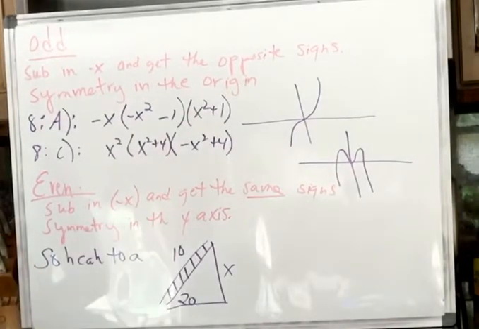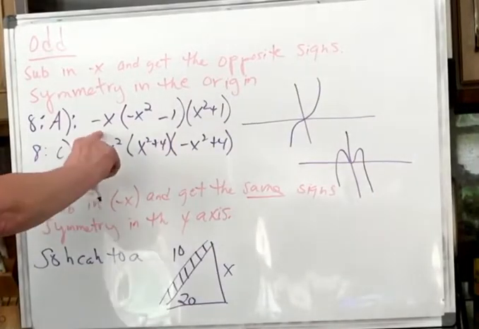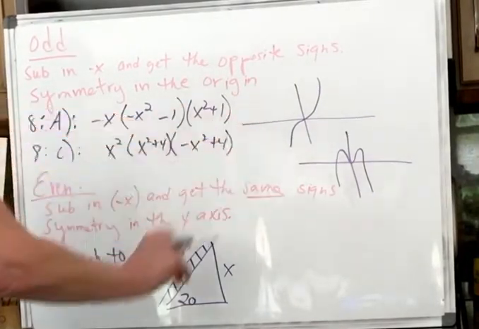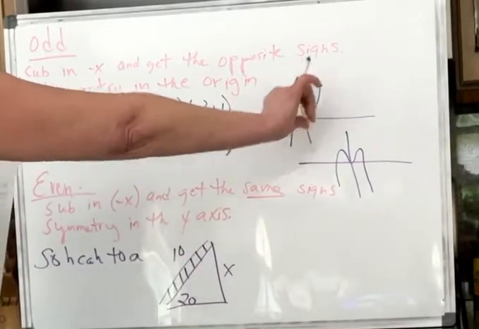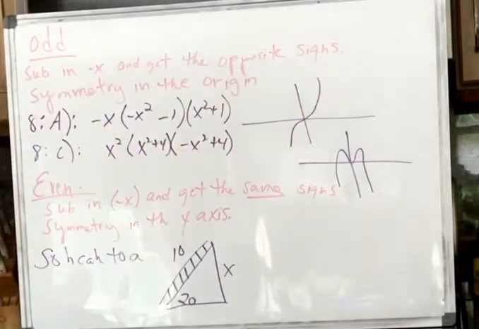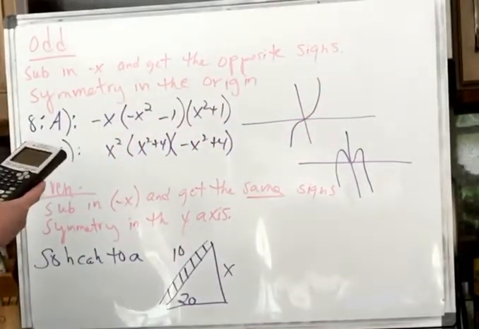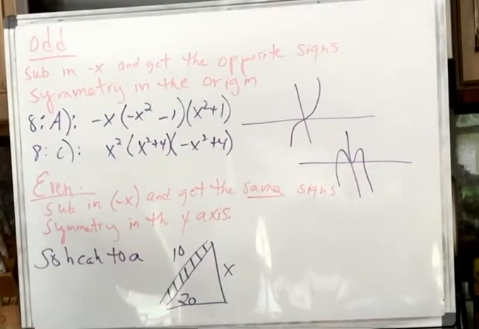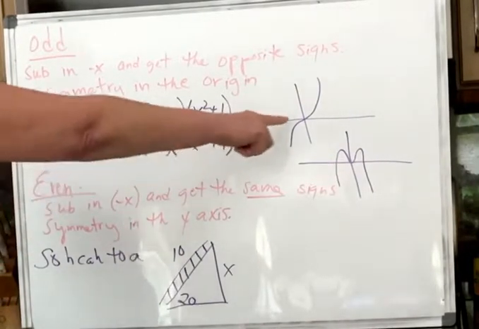So we're going to go over problem number 8, two problems in problem number 8. On your sheet that you have as a review sheet, 8a gives you this function, and this is what it looks like on your graphing calculator. If you took it and you turned your graphing calculator upside down, you should look at the same picture. That means that you have symmetry in the origin. So I have it typed into my graphing calculator, and this is what my picture looked like.